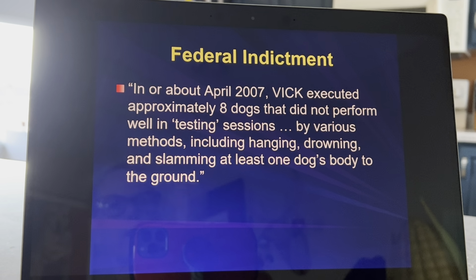So he hung them, he drowned them, he would slam their body into the ground until they were dead. So, I mean, I'm not a Michael Vick fan, whatever your feeling is, but that is directly from the federal indictment, and that's why he was charged and convicted. So obviously the burden of proof was met in terms of those crimes.